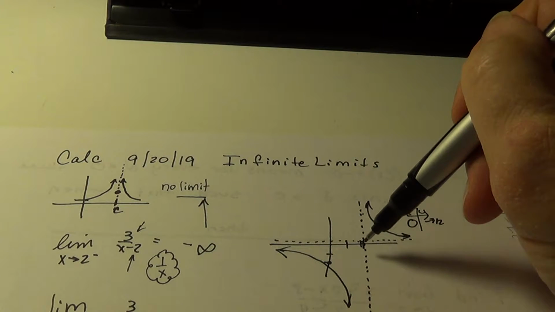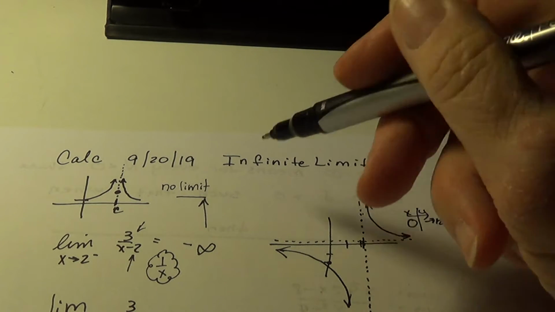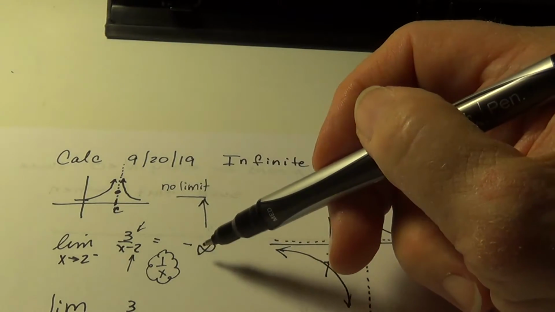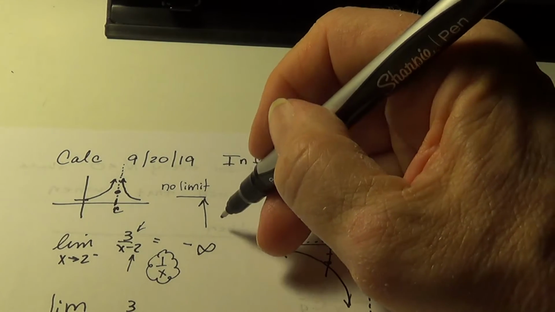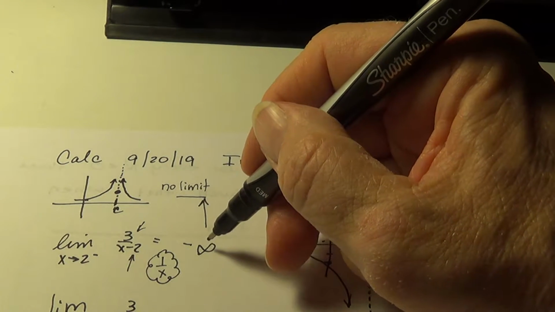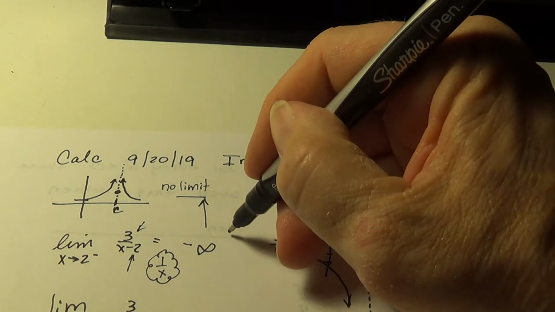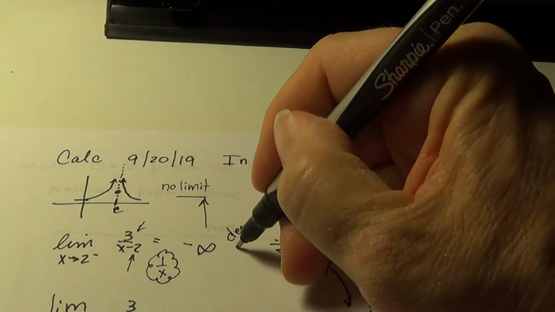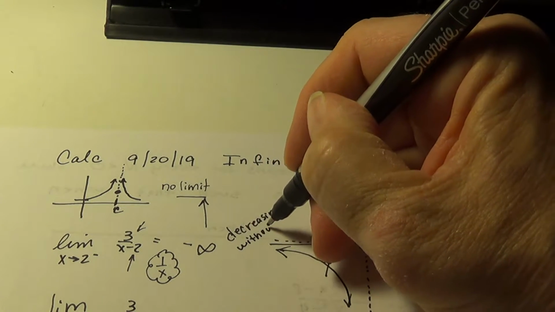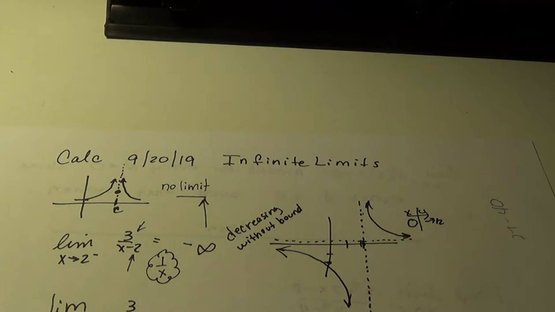If we were coming to 2 from both sides, we'd say there's no limit because it goes up one way and down the other. But coming from one side and seeing that it goes down forever, we say negative infinity, but we are not calling that a number or a specific limit. What that means is it's decreasing without bound. And we are allowed to call that limit negative infinity.